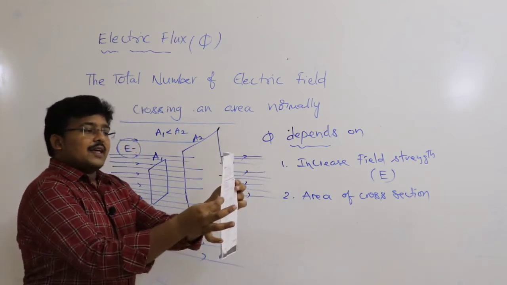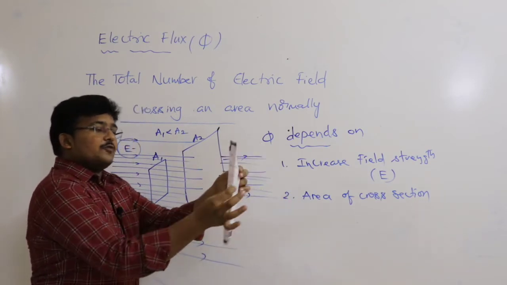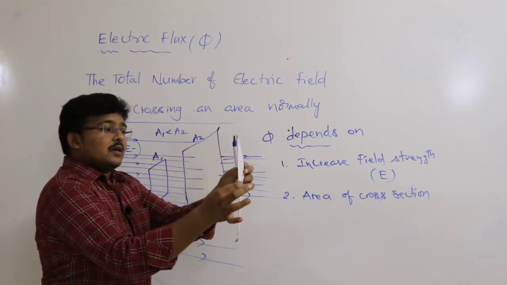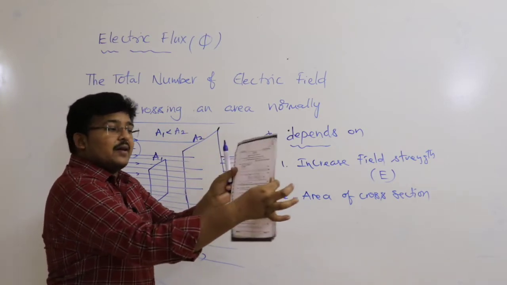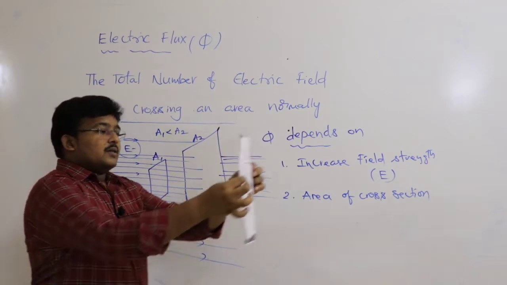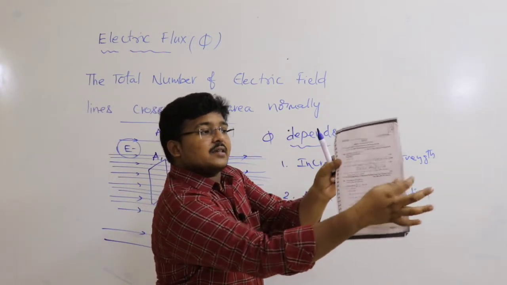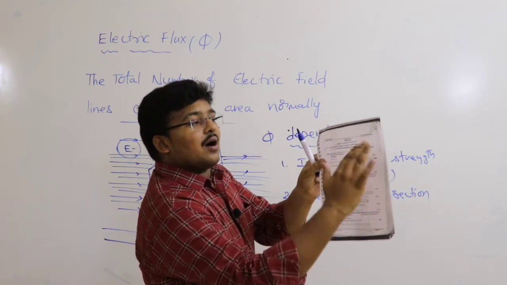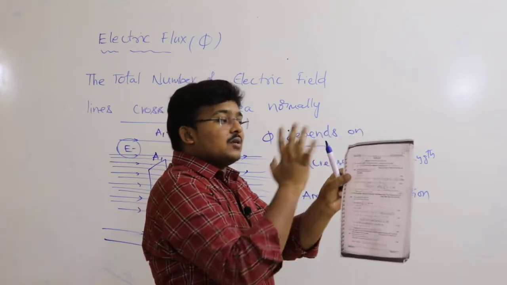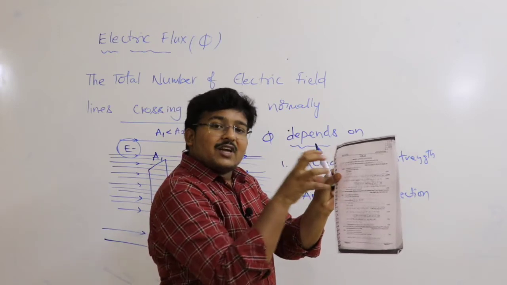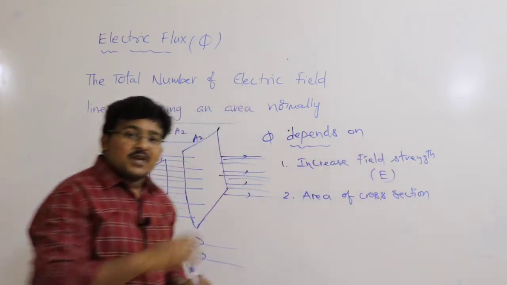Now if the sheet is tilted, if the plane is oriented at some angle, then see here 20 lines are going. When I tilt it like this, some of the lines are going other the part of the plane, so that the number of lines may decrease, the flux may decrease.